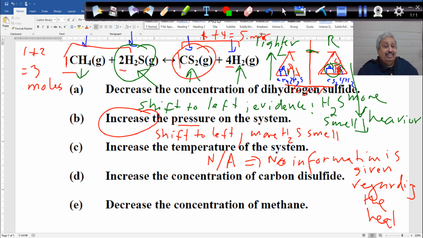To the right, wherever the compound is found. This compound is on the right side, the product side.